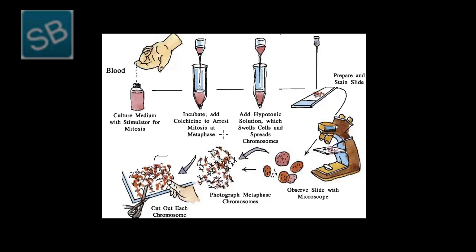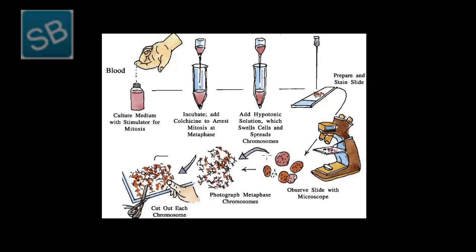Following it, when the cell division gets arrested, a hypotonic solution is added, due to which the cells swell, and the chromosomes present within the cell also swell, that is, get enlarged. Further, at this stage, the WBC present within the blood are stained and the chromosomes can be easily studied when placed under a microscope.